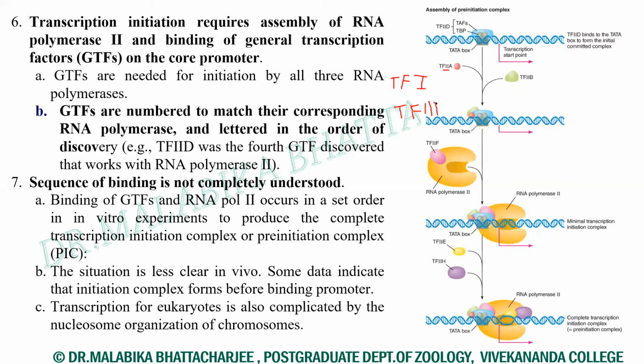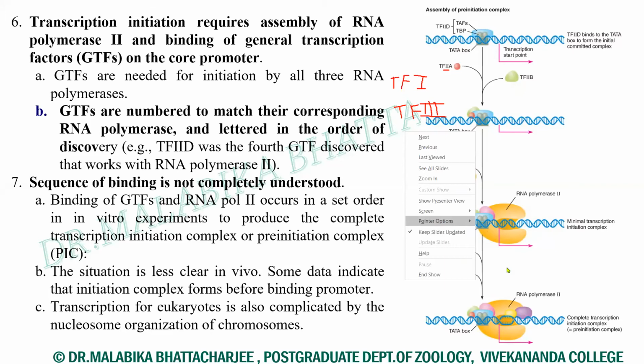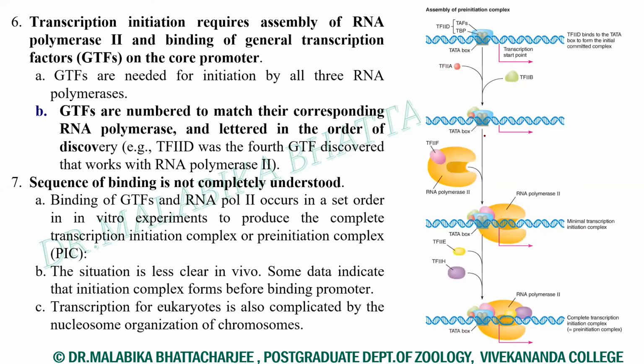If this transcription factor was working for polymerase III, then they would have been written in this manner, TF3. Since we are concentrating on the transcription of mRNA, we'll again restrict ourselves to polymerase II, which is the main enzyme that binds with the template and transcribes the DNA. So all those transcription factors which are operative for polymerase II are thus named as TF2.